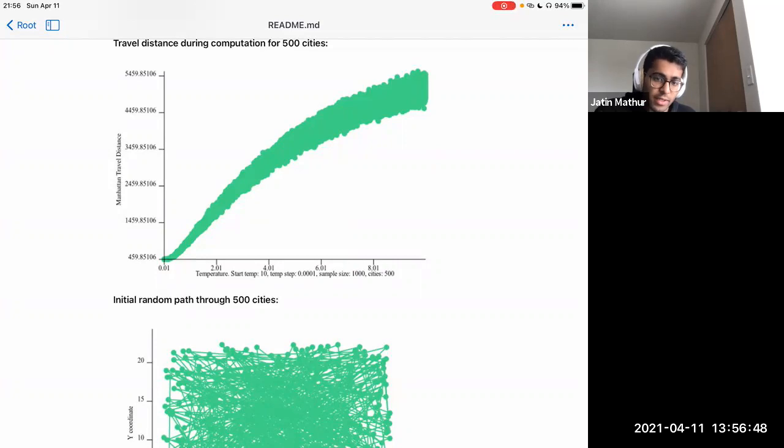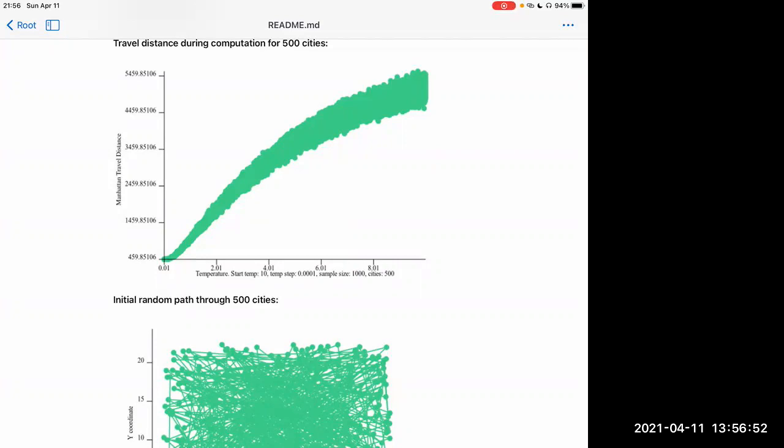Although it's clearly going to be something of this shape. Their target metric was the total distance divided by the number of cities, and they said that less than 0.95 is good. I think I got 450 over 500, so about 0.95 for me too.